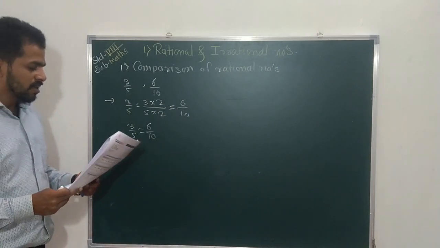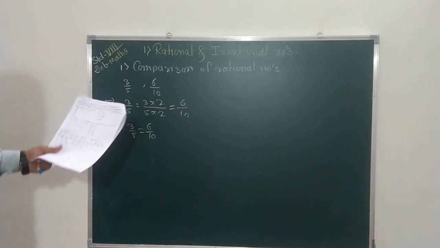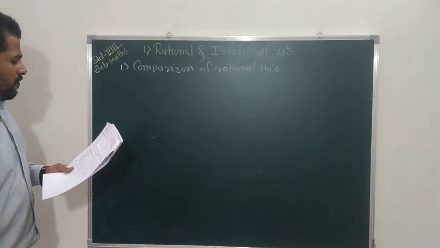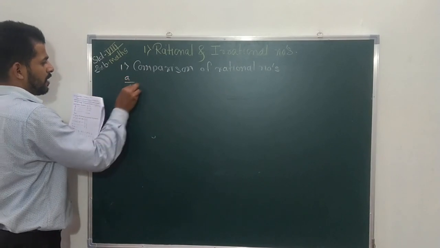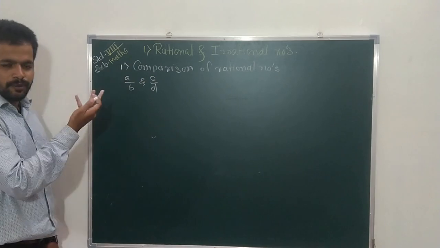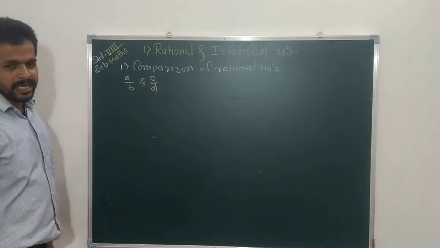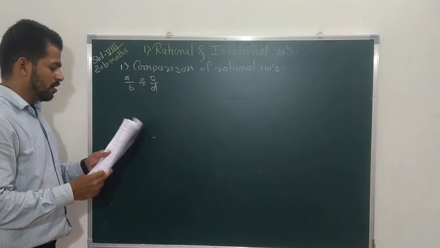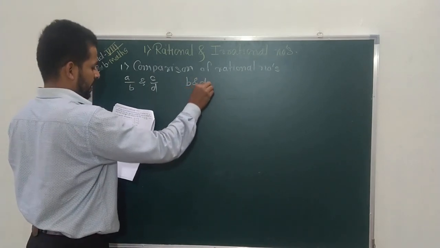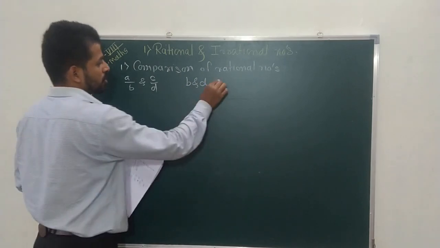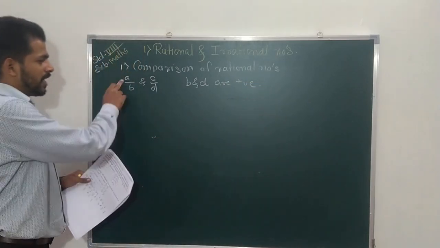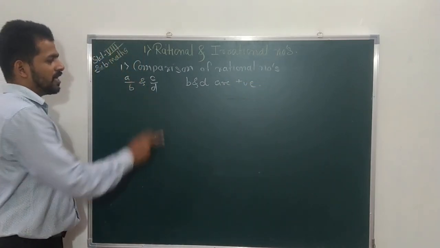Let's see, there are some rules for comparison of rational numbers. If A upon B and C upon D are two rational numbers, like 5 upon 7 and 9 upon 10, any numbers, such that B and D are positive numbers, meaning A and C are allowed to be negative but B and D are positive.